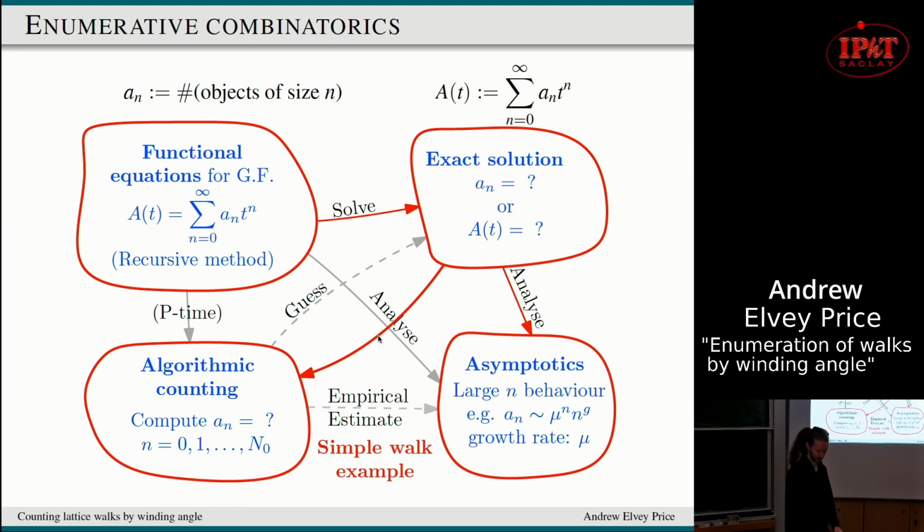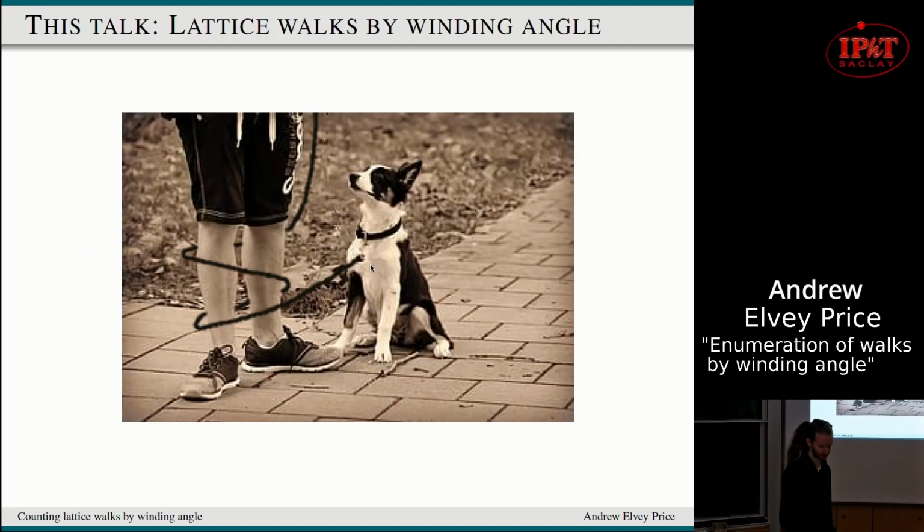So that's nice. We basically got everything we want from these exact solutions. And so in the talk, when I describe walks by winding angle, it will follow this same path: we'll get functional equations, which we solve exactly, and then get some asymptotic information about them.